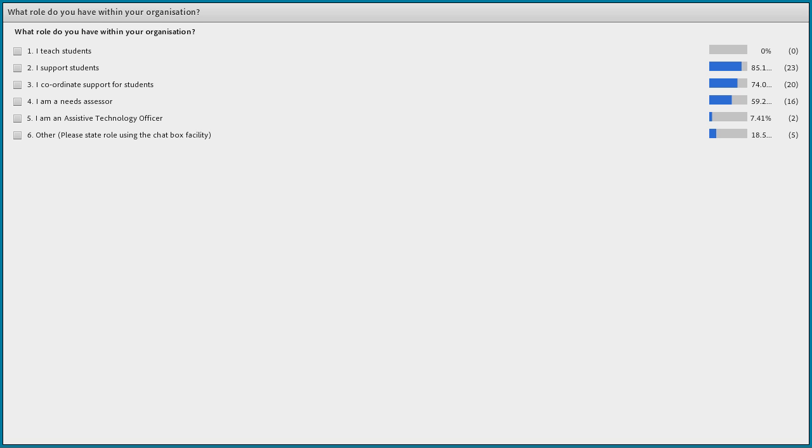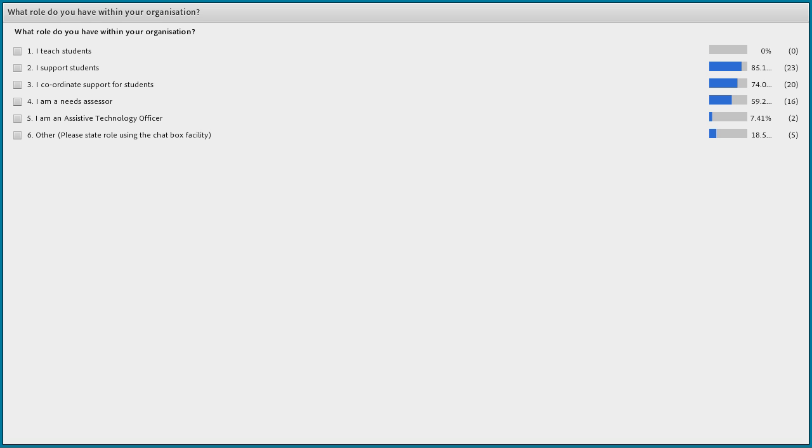But yeah, it's a really interesting response actually. The largest group among you, coming in at 85% of you, would consider yourselves as being in a role where you support students. Then the next largest group is folks who coordinate support for students.